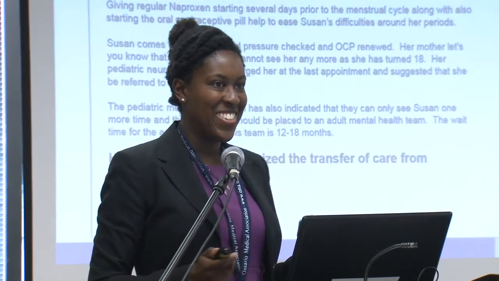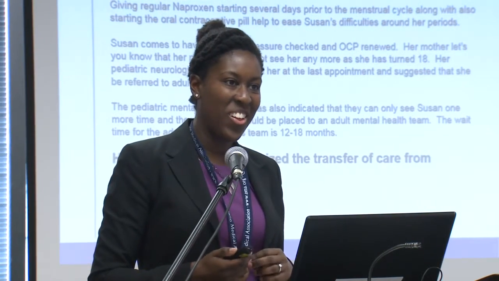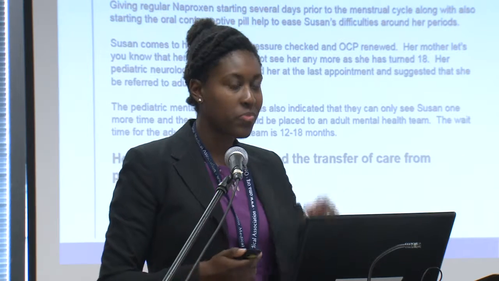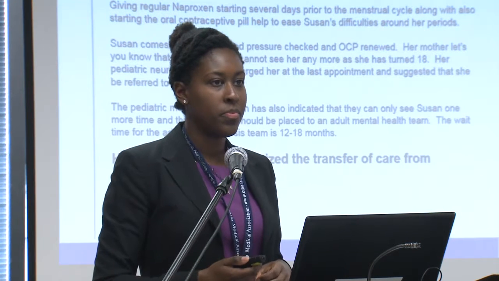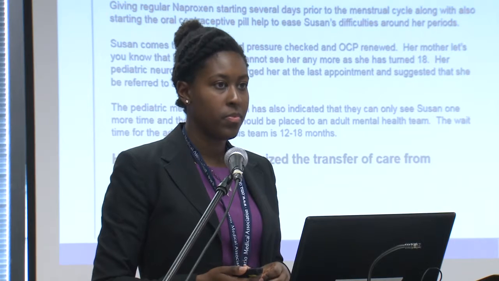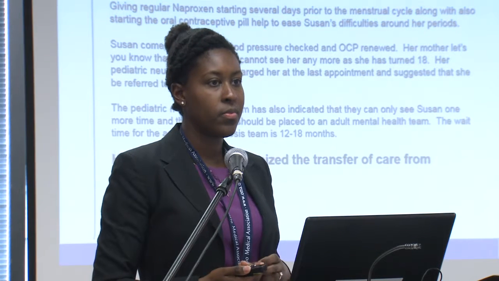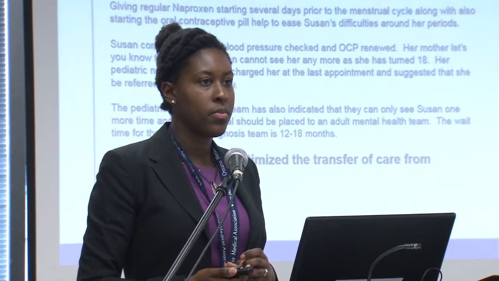Make sure that you have a very good summary from your pediatric physician when you are picking, maybe the family physician, to have the continuum of care before the adult team comes in. Right?